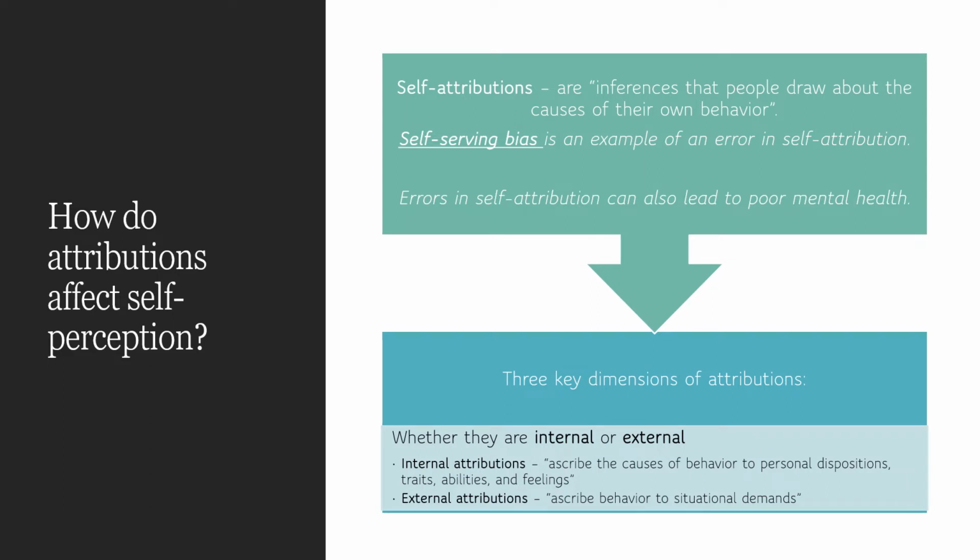Self-perception is affected by the inferences that we draw about our own behavior. These inferences are called self-attributions. Self-attribution refers to the process by which we determine the antecedents and consequences of our behaviors. Antecedents are those things that happen before behaviors occur.